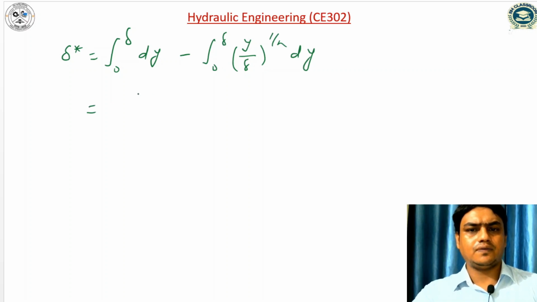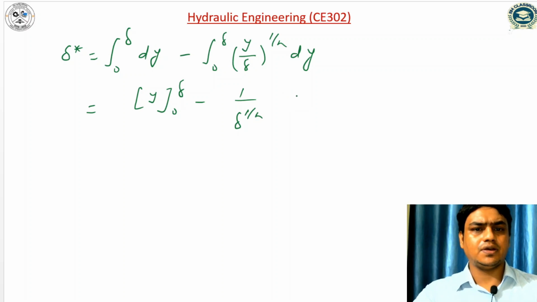If I integrate this, delta star is equal to the integral of dy minus the integral from 0 to delta of y by delta to the power 1 by n into dy. The integral of dy is y running from 0 to delta, minus, if I take delta to the power 1 by n out, y to the power 1 by n dy, whose integration is y to the power 1 by n plus 1 divided by 1 by n plus 1.